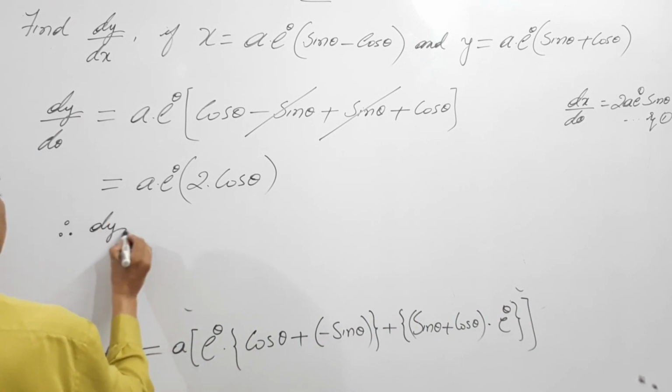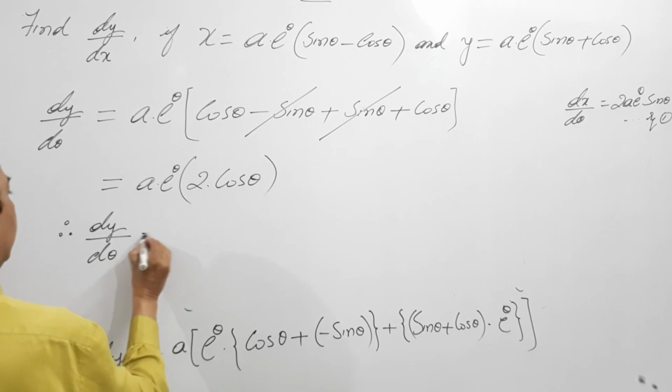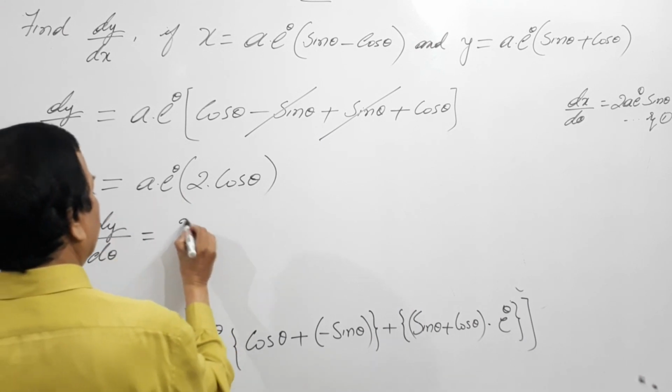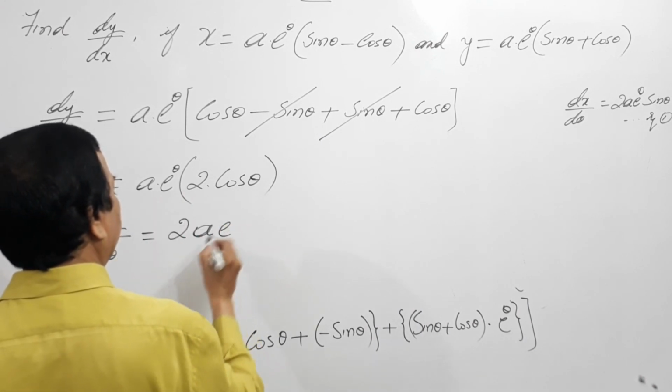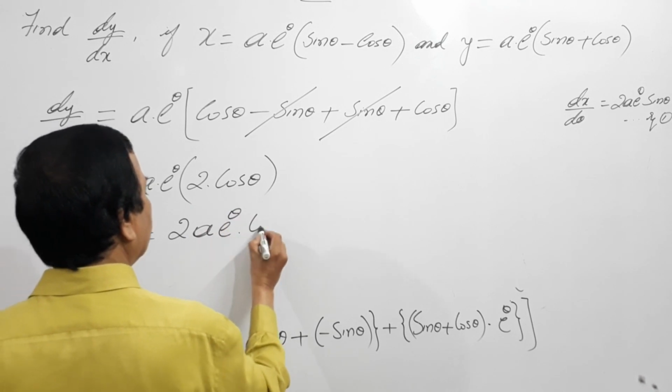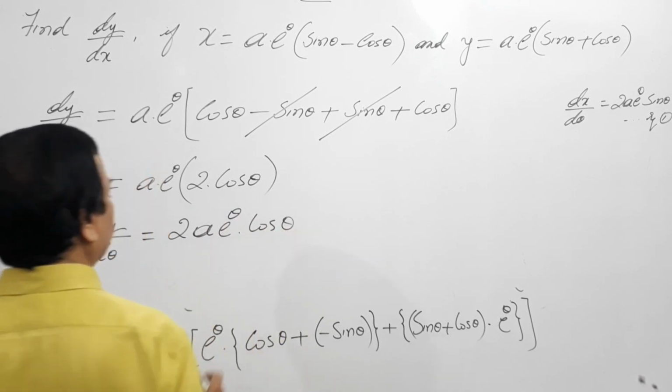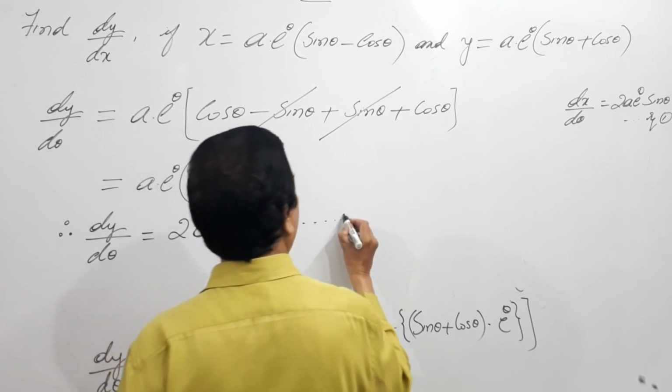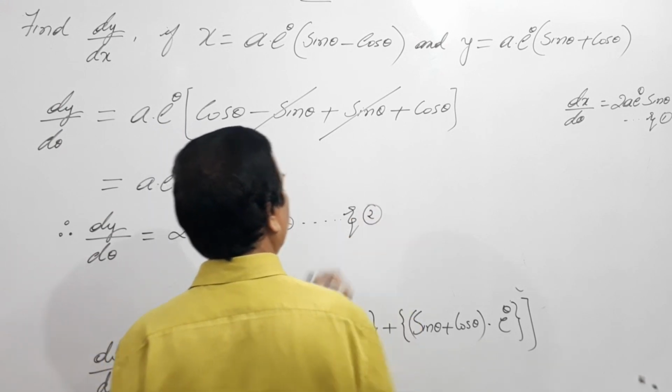Therefore, dy by d theta equals 2 into a into e to the power of theta into cos theta. I call this equation 2.